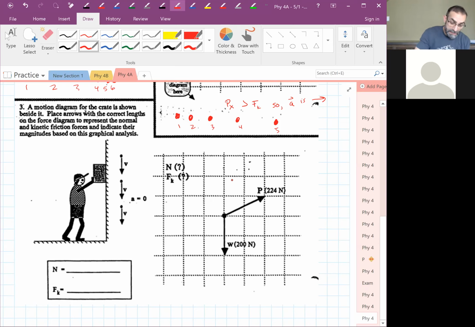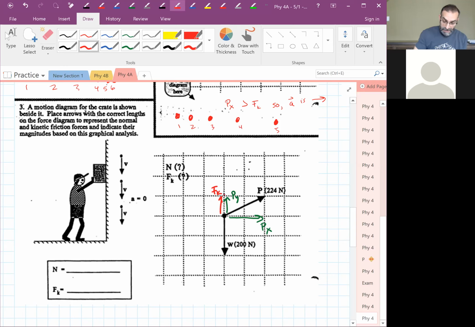So our P, we can break P up into a P sub X and a P sub Y. And we know that there's no acceleration. So the two forces in the upward direction have to equal the weight down. So our friction has to be there, right?